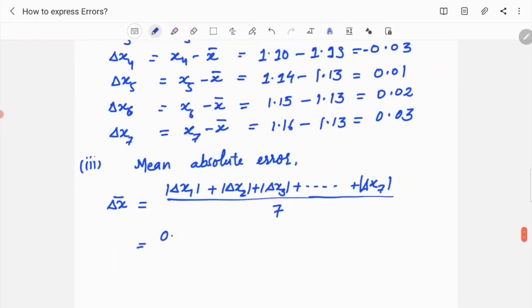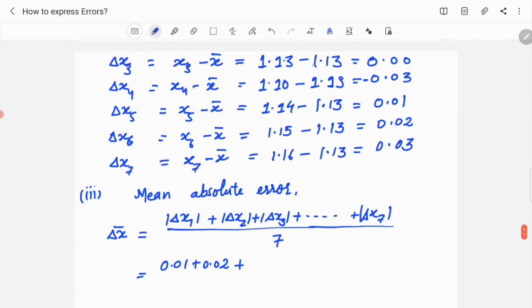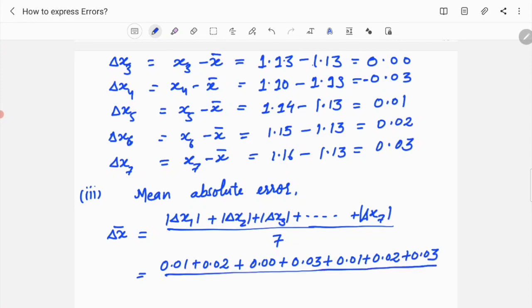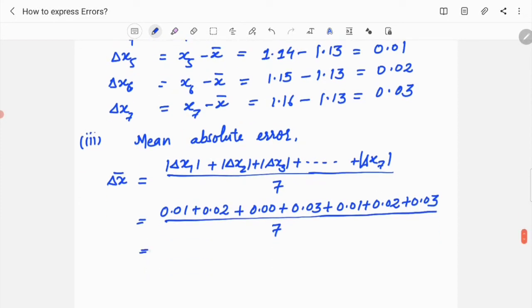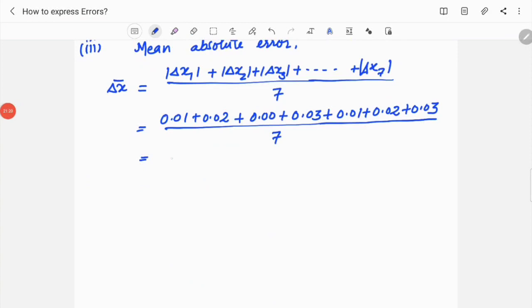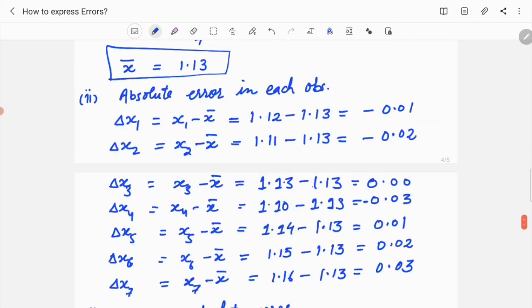It is 0.01 plus 0.02 plus 0.00, 0.03, 0.01, 0.02, 0.03, divided by 7. Now it will be 0.12 divided by 7 and it will become 0.017. So this is the mean absolute error.